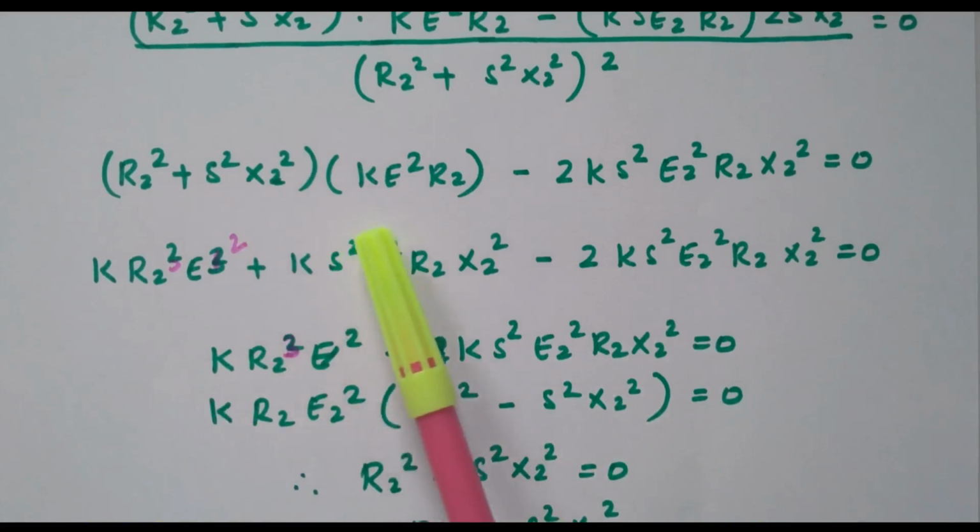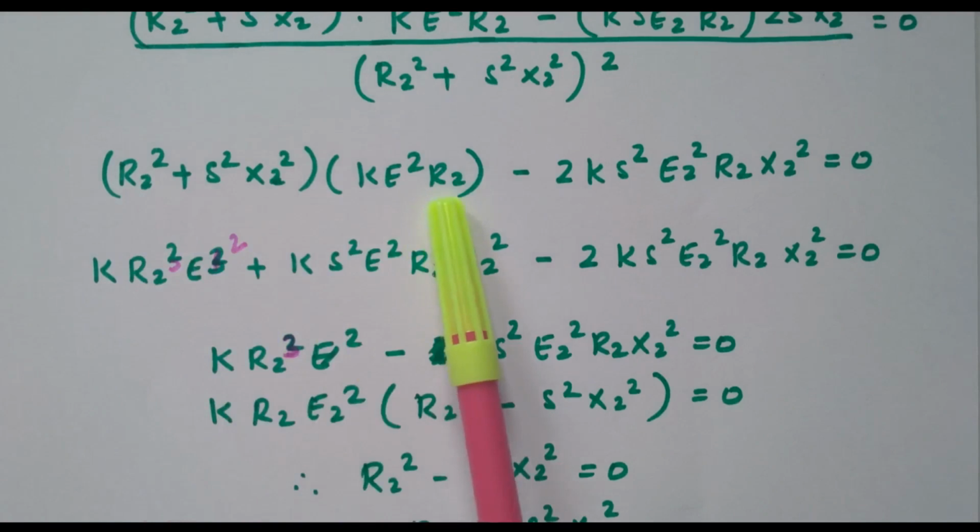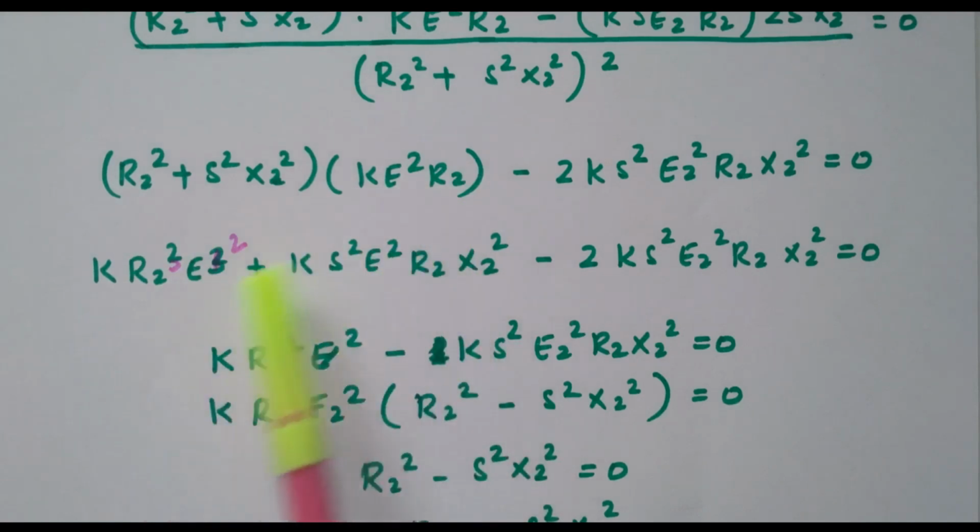While multiplying this, this R2 is cube value, this E is only square, right. K R2 cube, because here R2 square is available, here R2 is available. So R2 cube, then E2 square into this value, right. Only a small correction is there, here R2 cube E2. Again, this value is available two times, this is a similar value.